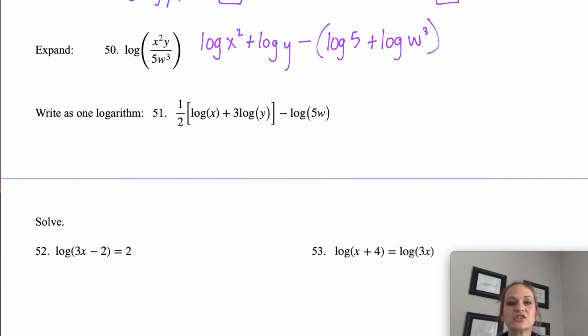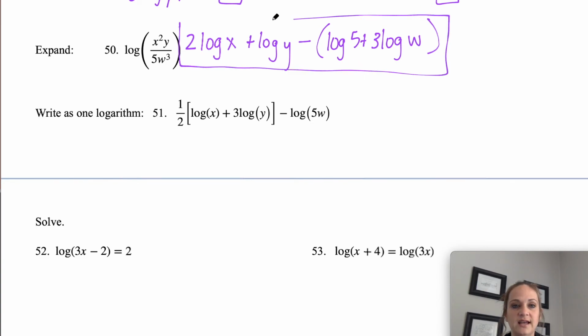Now, this is actually not quite your final answer because we have some exponents. So the 2 actually needs to be put down front, and this 3 also needs to be put in front of the log, and that would be your final answer.